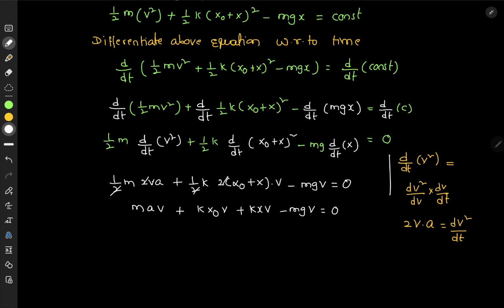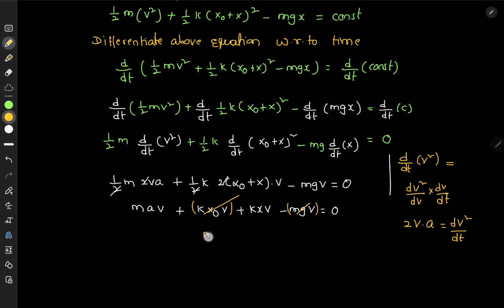And from the previous case also we know that mg, the weight, equals the spring force, right? These two are equal and opposite in sign, that's why they get cancelled. v is common, you can take it out and send that side.